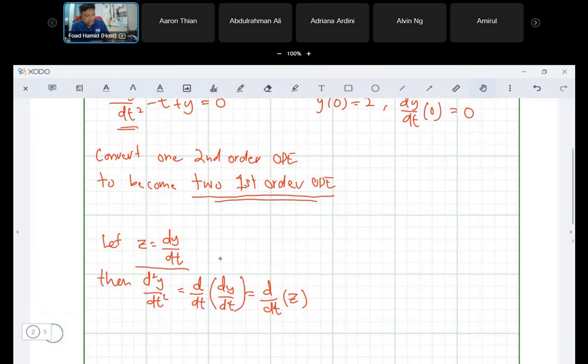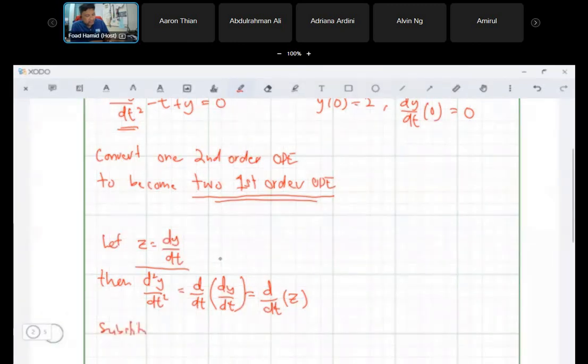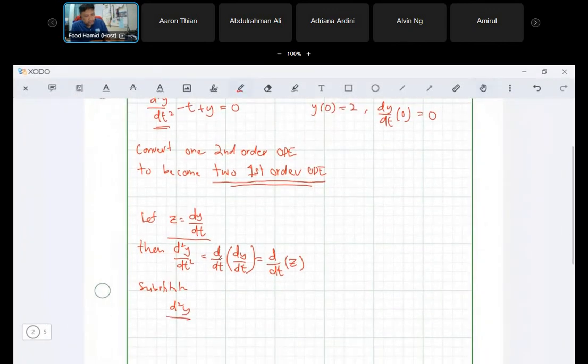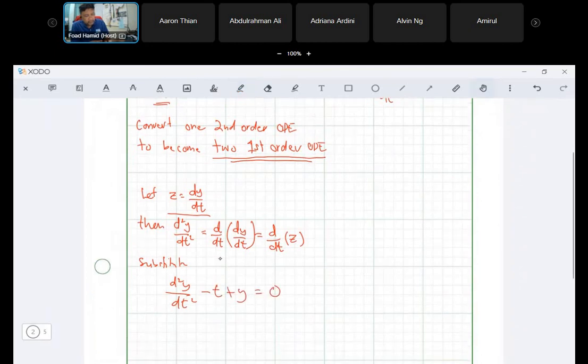Okay, so we know that d square y over dt square minus t plus y equal to 0, where d square y over dt square is just dz/dt. So dz/dt equal to t minus y. So this is our equation.